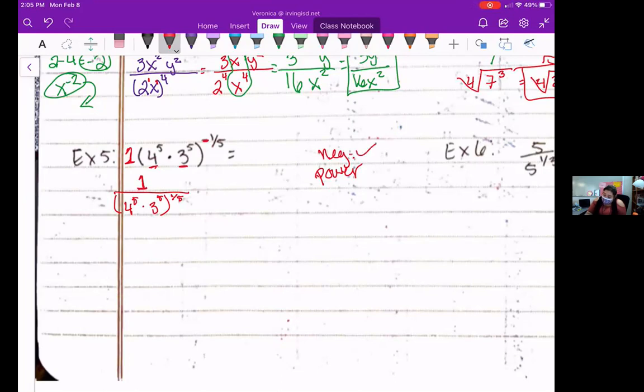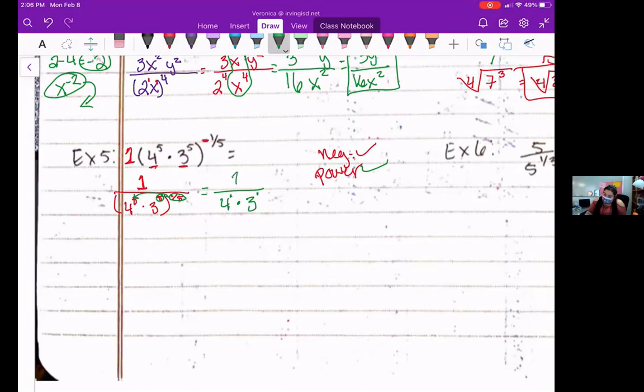So we've done negative. Now let's do power, okay? So this 1 over 5 times 5 is really 5 over 5, which is just 1. So we have 4 to the power of 1. And then we have 5 times 1 over 5, which is 5 over 5. So we have times 3 to the power of 1. Now that they both have just normal exponents, we can just multiply the numbers, because they're just normal numbers now.